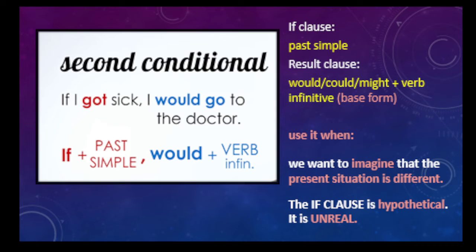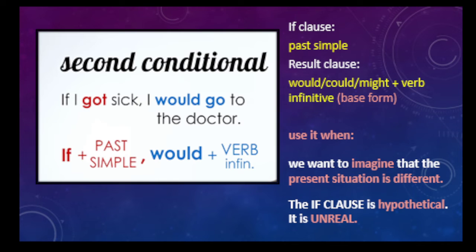I hope you will take time to review your simple past tense. Example, what is the simple past tense of eat? Ate. What is the simple past tense of run? R-U-N. Run.